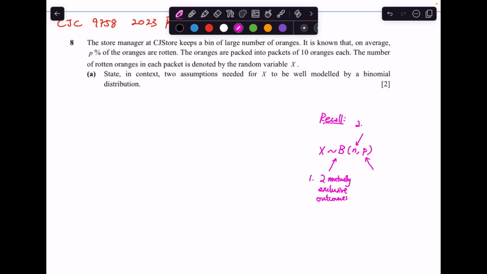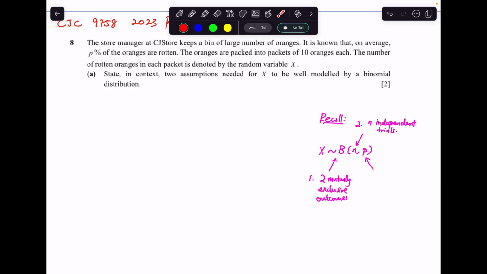So n is the number of trials, yes, but n is the number of independent trials. So we want to be a bit more specific about what trials we are talking about. In this case, they must be independent.